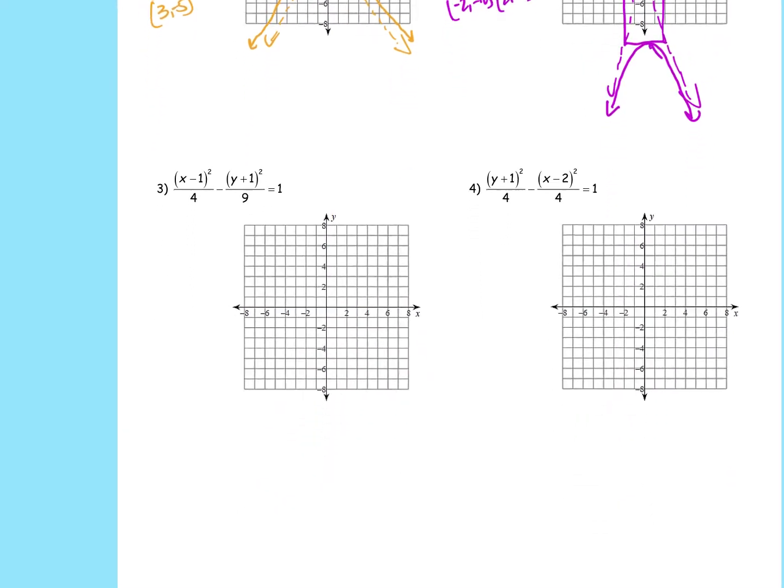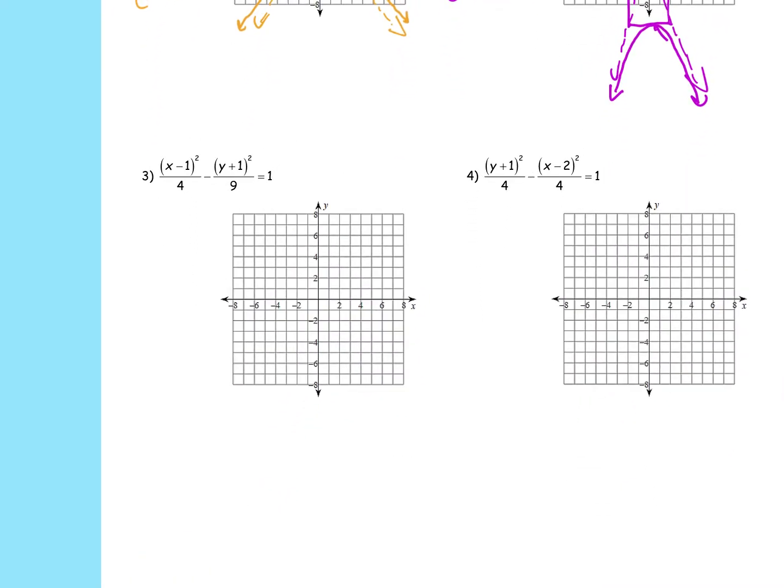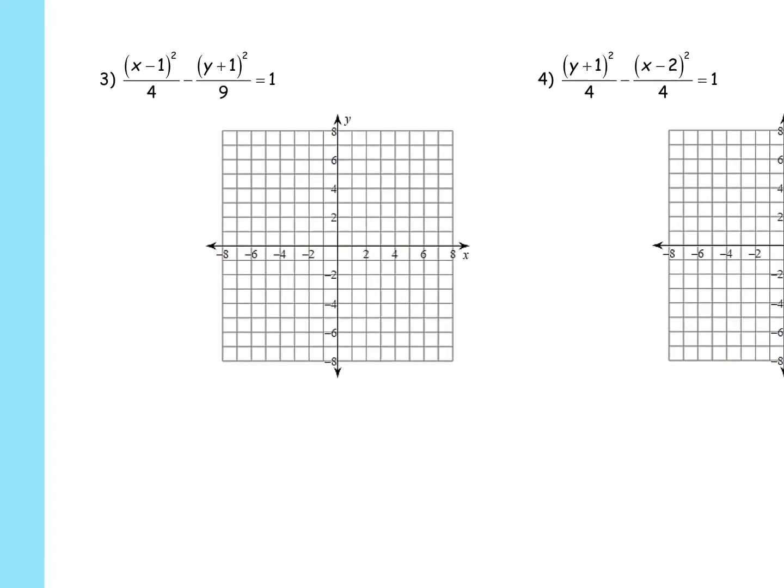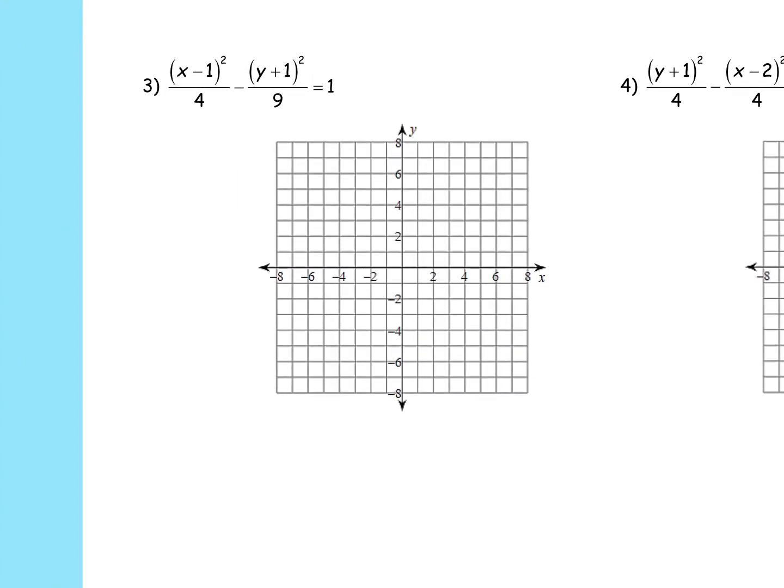Okay, so 3 and 4 are a little different because now I need to pay attention to where my center is moved, right? So my center on 3 is going to be (1, -1). A is going to be 2, B is going to be 3.